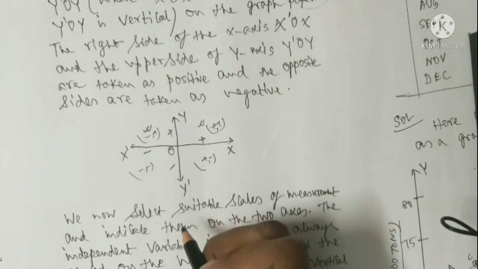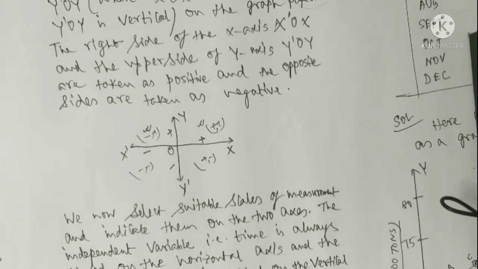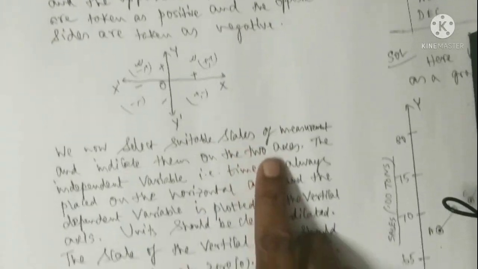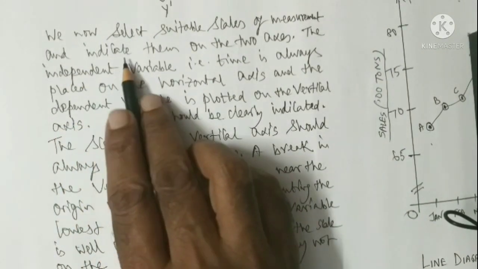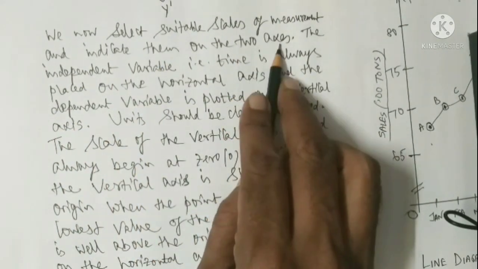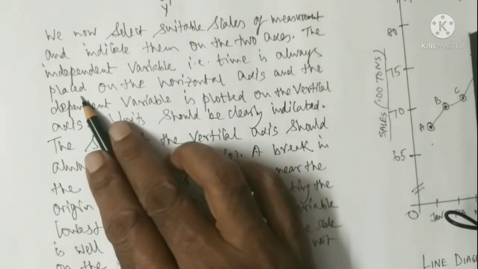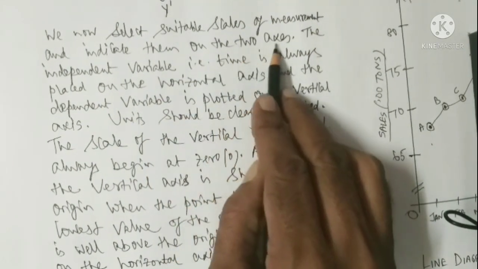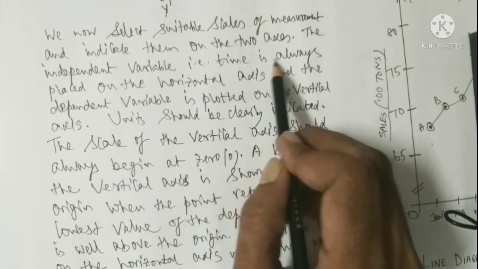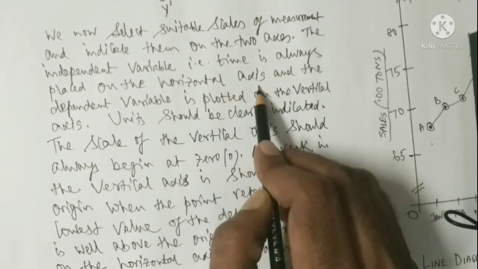We now select the suitable scales of measurement and indicate them on the two axes. The independent variable, that is time, is always placed on the horizontal axis.